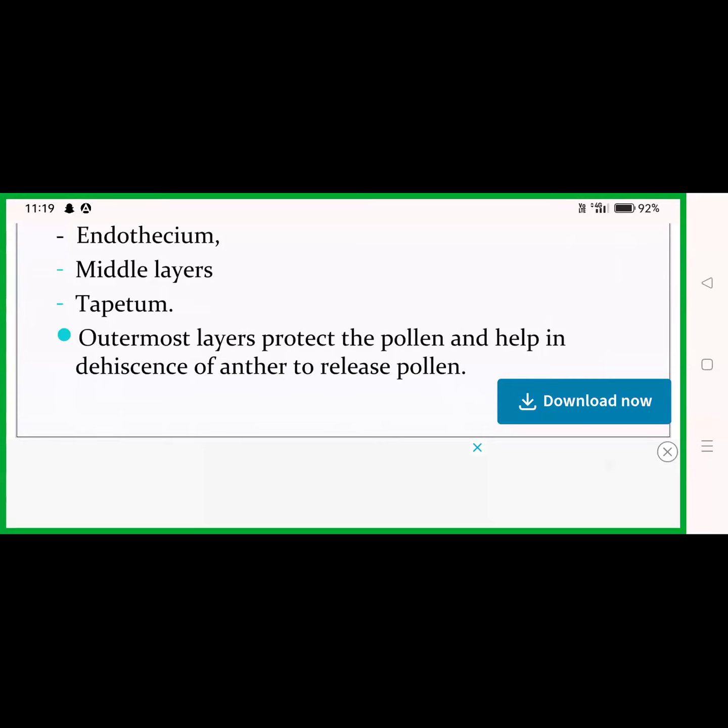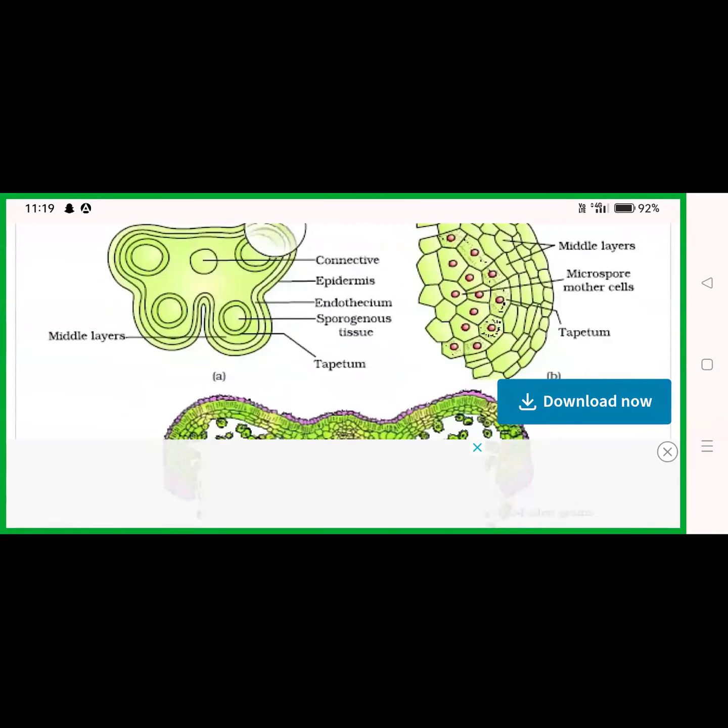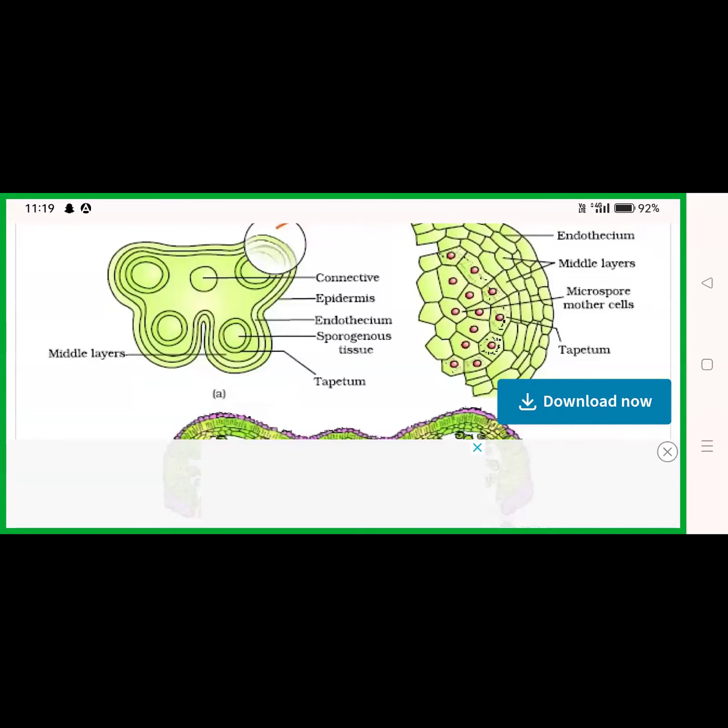And coming to the second type, the secretory tapetum. See here, in this diagram it is very clear: the endothecium, middle layers and microspore mother cells, and the tapetum is the innermost layer. The secretory tapetum is also known as glandular tapetum.